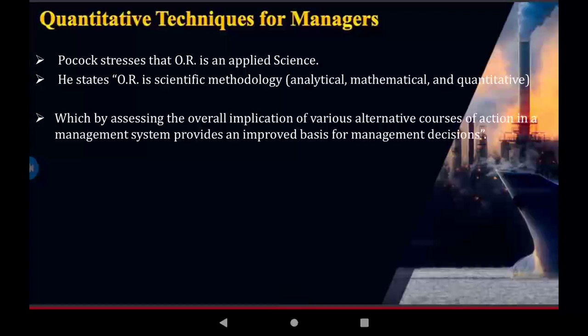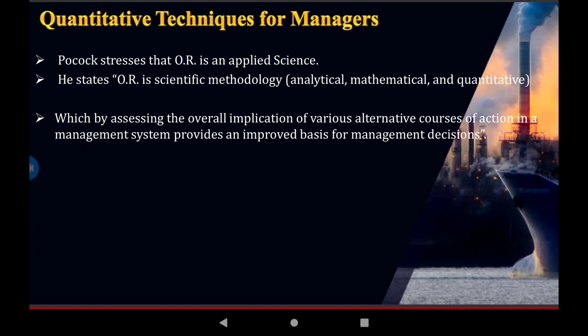Operation research is also an applied science. Suppose the applied science deals with physical models, such as electric towers, the distribution of electric energy through towers and poles.